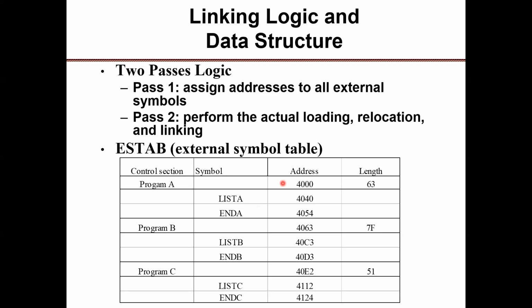And so now we have a value 4000. All the modification records that the assembler generated then have to have those addresses modified, in other words, do the addition or the subtraction of this value, to be able to create a correct direct address for that particular symbol, and the external symbols as well.